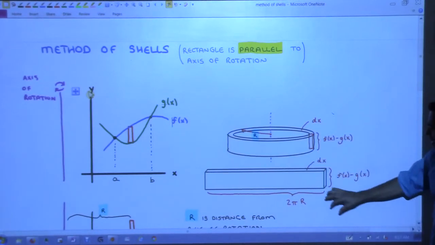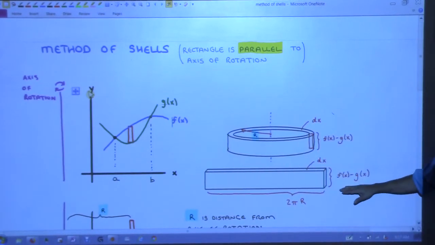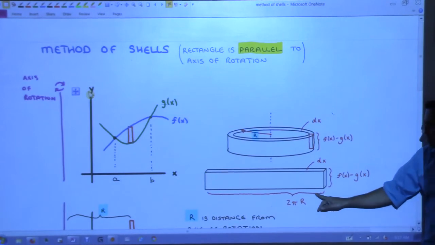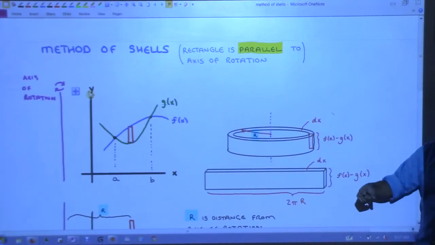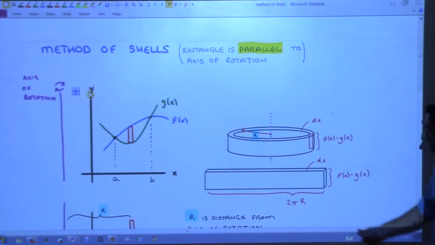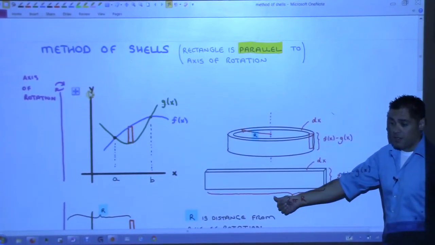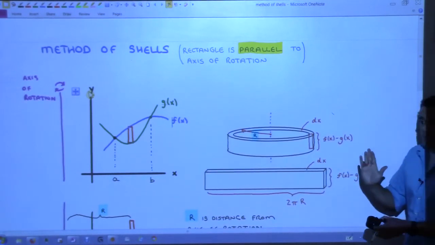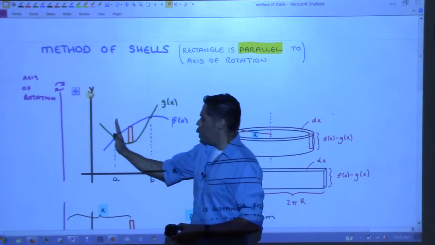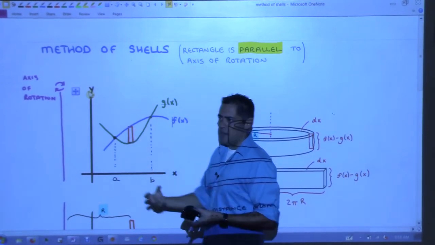We went through this already. This would be f minus g, this is dx, and this length is 2 pi r, the circumference of a circle. So we're just putting the r inside the integral. The 2 pi comes out because it's constant. The r goes inside because r will be a function of x. This rectangle is going to move, so it's always dependent on x.